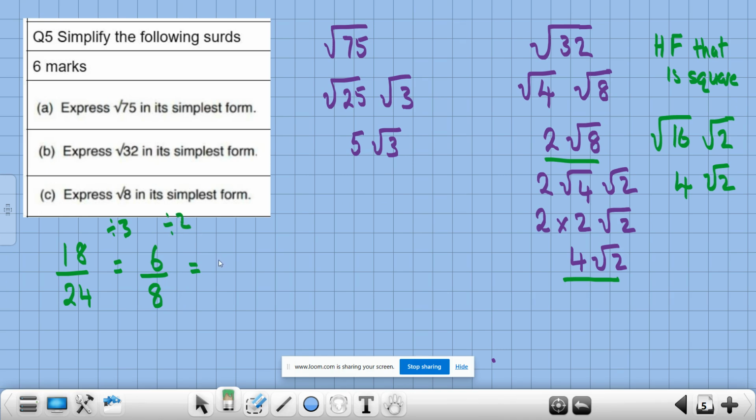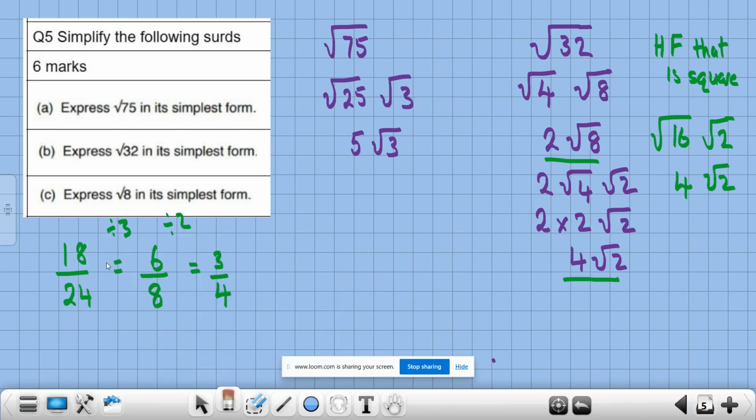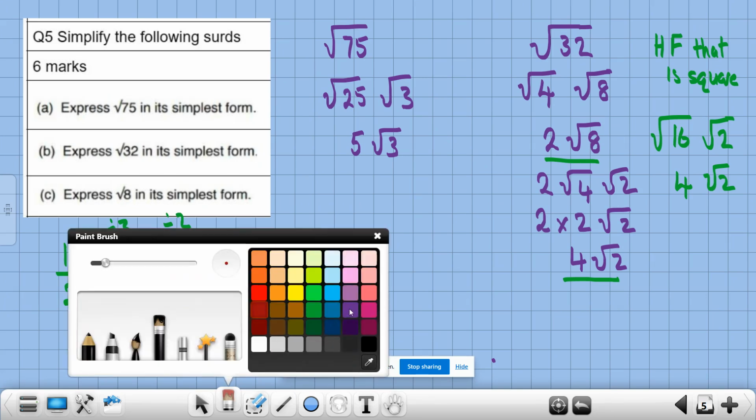So we would need to recognise that and then take that to 3/4. If, when we go back to the beginning, we find the highest common factor, we should be able to see that the highest common factor is 6, and that would jump us straight from there to there. So it's not just about finding factors or even a square factor, it's finding the biggest square factor. I hope that's helpful and makes sense.